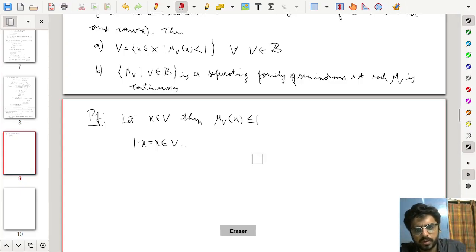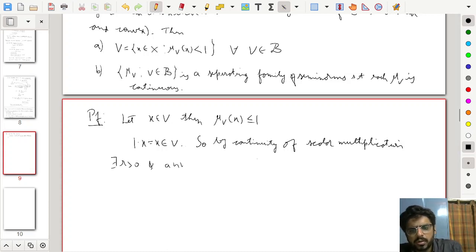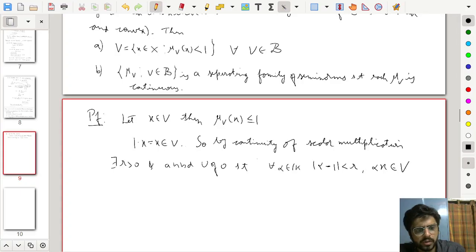So by continuity of scalar multiplication, there exists an r positive and a neighborhood U of 0 such that for every alpha in K with mod alpha minus 1 strictly less than r, we have that alpha times x belongs to V, right? This is by the continuity of scalar multiplication.